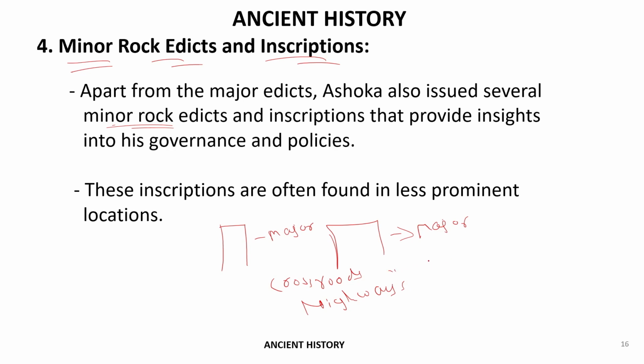Okay. Then you say hillside. Then you say near the river banks. Okay. So these major edicts were at these areas, whereas the minor edicts were at the town areas, streets, and small areas where the public moves here and there.